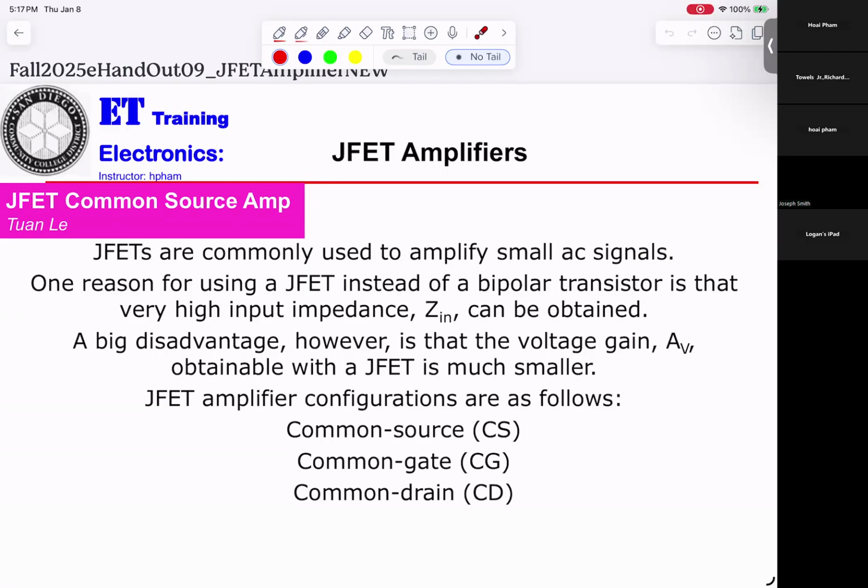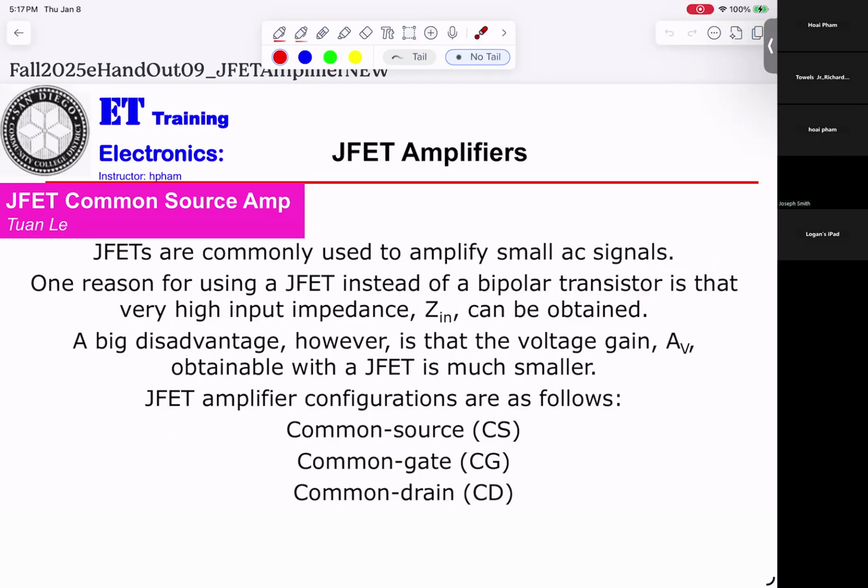One reason for using JFET instead of a bipolar transistor is the very high input impedance; G can be open.